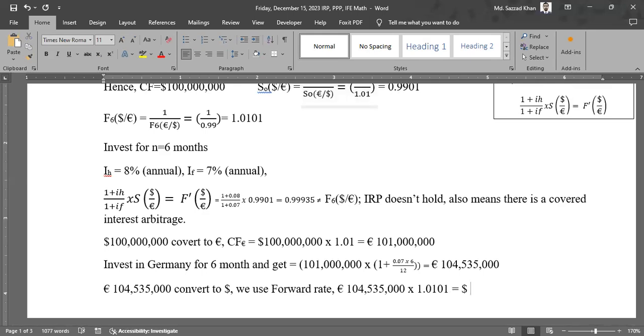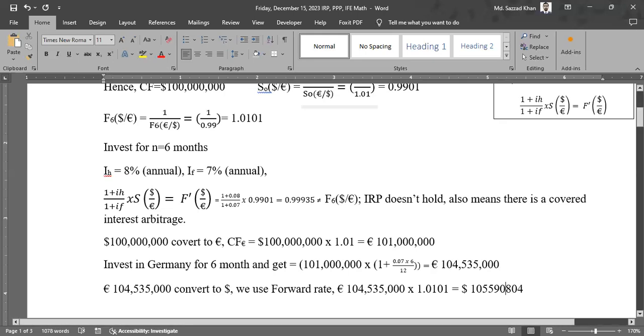So how much would that be? Let me do it in my calculator. 1.0 into 1.01055908, so I'll write it as 4. Okay. So see.